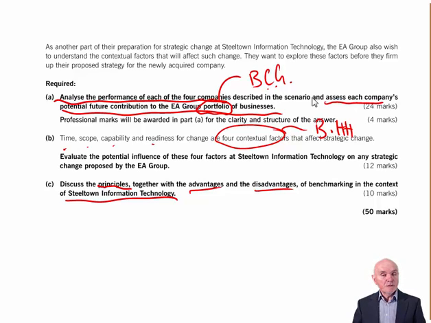So what we'll do is read through the question word for word, absolutely slowly, and think about the sort of things that we would be planning to say. I won't be writing a full answer, but planning to say in relation to requirement A, analysing the performance and then assessing each company's potential future contribution to the EA portfolio, and we're expecting maybe some Boston Consulting Group analysis, the use of that particular framework.